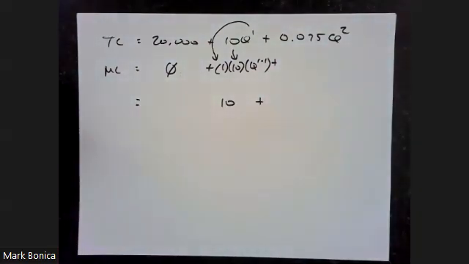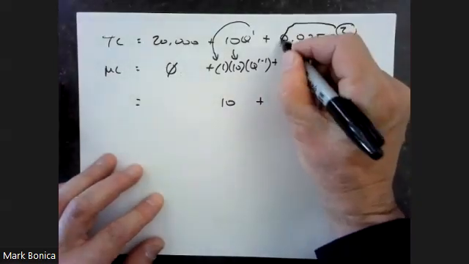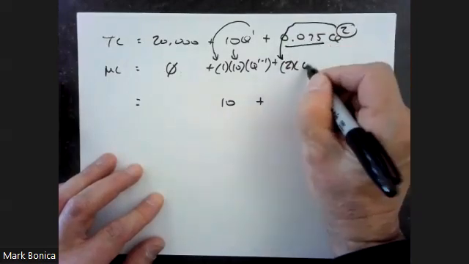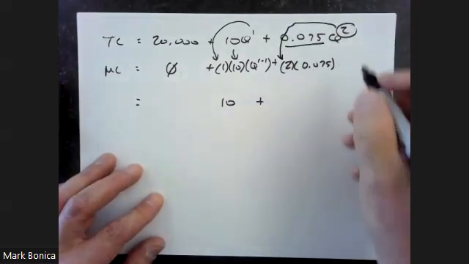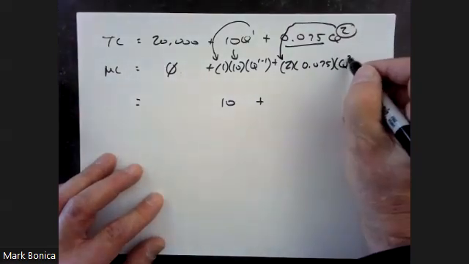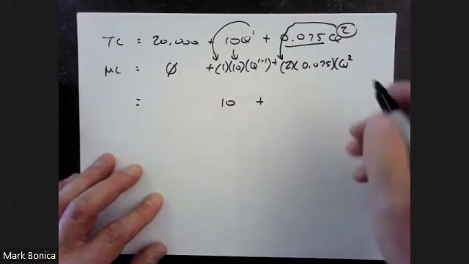What do we do with anything that's bigger than an exponent of 1? We do the exact same thing. Okay. So we do the exact same thing as we did with 1. So we take the 2. We bring it down in front. Then we grab the constant. Then we bring down the variable, write the original exponent, and subtract 1.